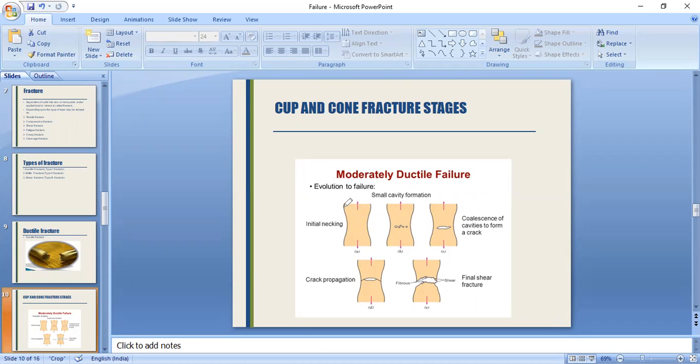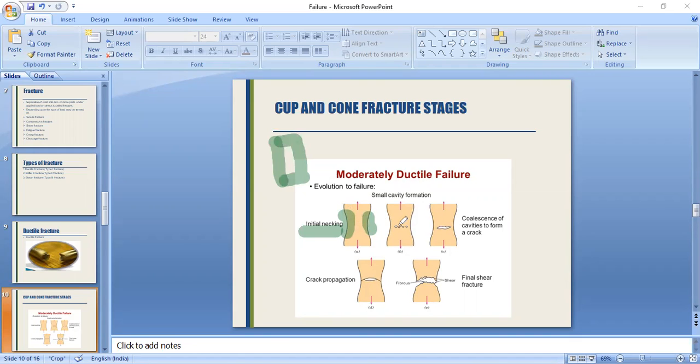The material starts to form an initial necking. Initially the metal is in a regular form, a straight material. When we apply a tensile load, a neck is going to form here, and this is the first stage. We continue applying the load.